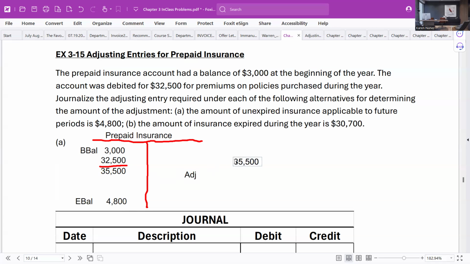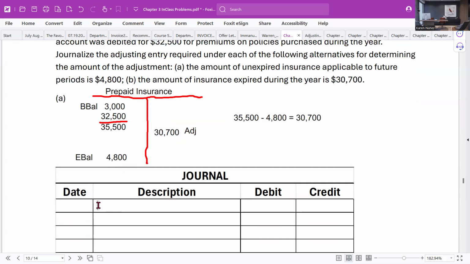35,500 minus 4,800. The adjustment needs to be 30,700, right? When we adjust this account now for 30,700, we go from 35,500 to 4,800.